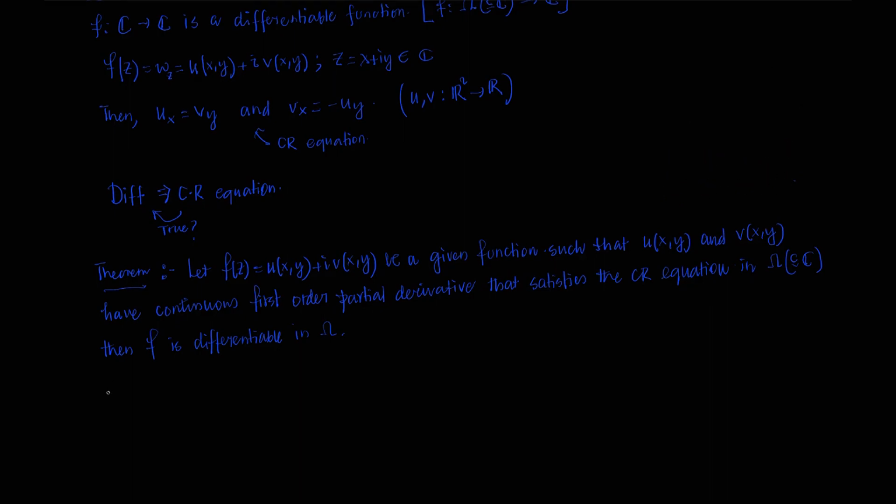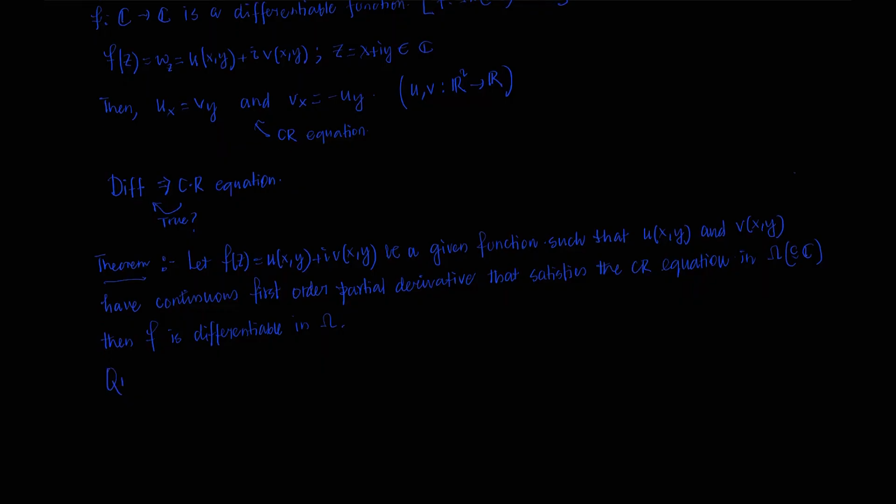Now, there is a small remark which I want to put. It's basically a question. Let's say f is differentiable in omega. Does that imply that f is continuous in omega? What is the hint?